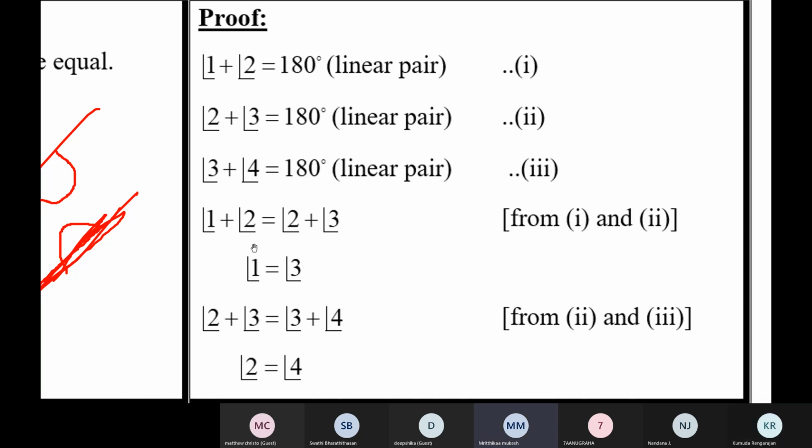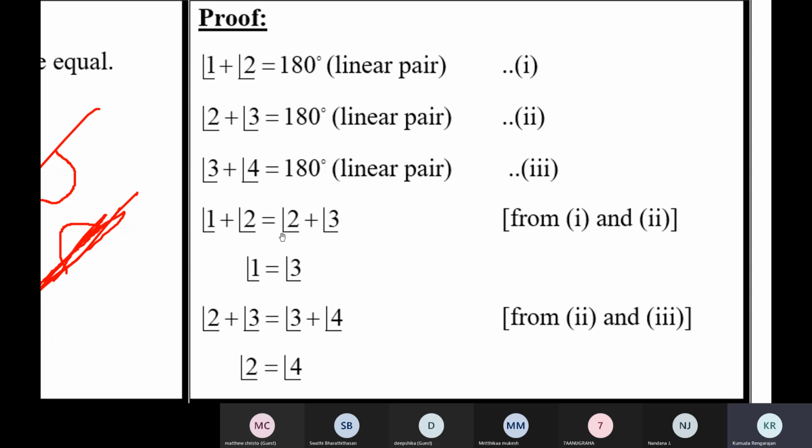Now, when you have the same quantities on either side, you have angle 2 in the LHS and angle 2 in the RHS. Here it's positive angle 2, here also positive angle 2.